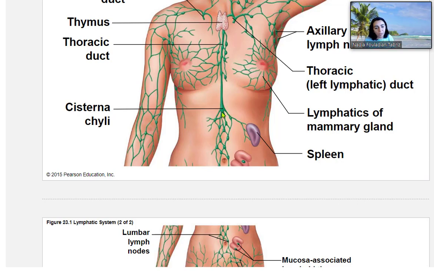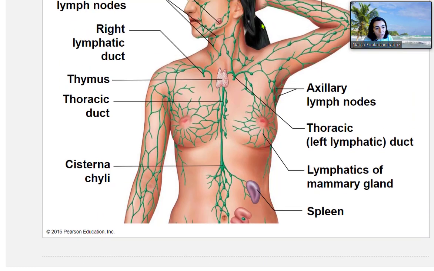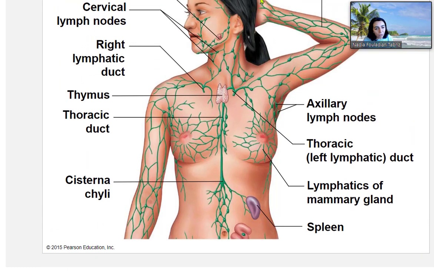Then it passes through the abdomen and goes into the thoracic cavity on the left side, and it gathers from the left side of the head and neck, the left upper limb, and all these. This makes the thoracic duct, which is actually the left lymphatic duct, but is famous as the thoracic duct.